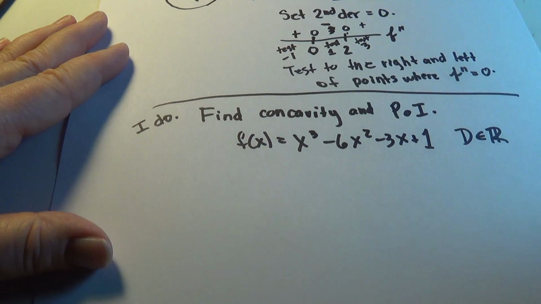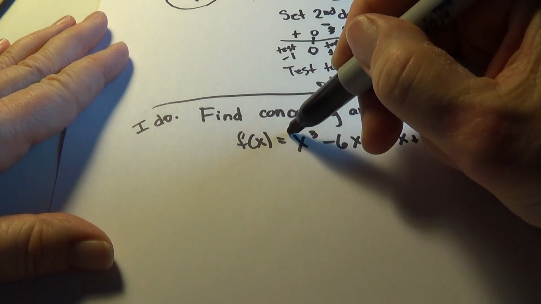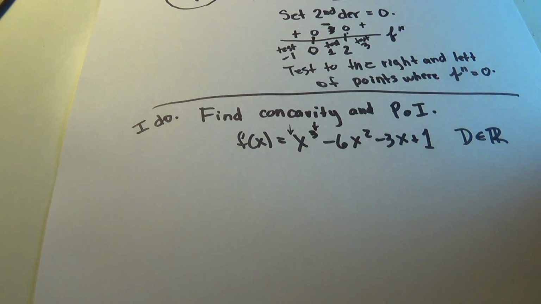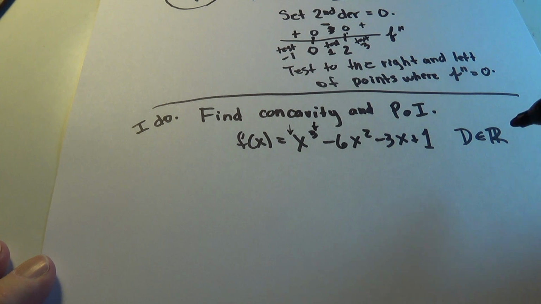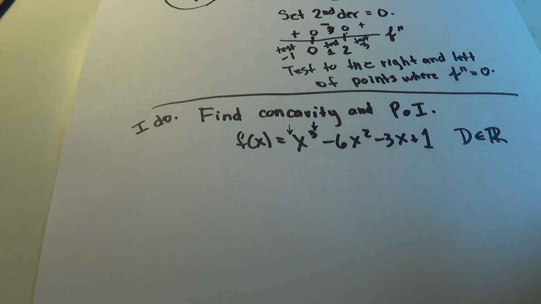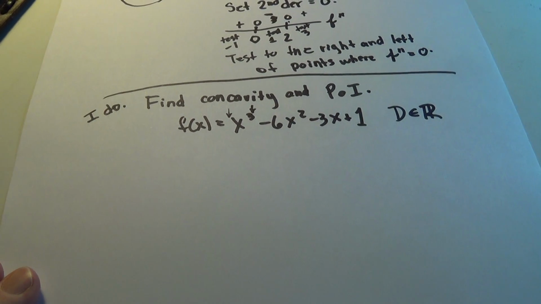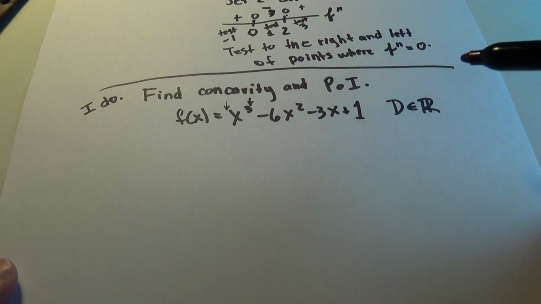They have real coefficients, and their exponents are integers. So therefore, we have a polynomial, and they have no points in the domain which have to be restricted. So the domain is the set of all reals. So that's not very remarkable, but do get used to looking at the domain.